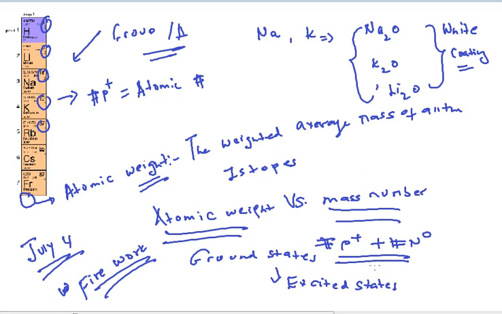So for example, sodium can produce a yellow color. Potassium, I believe, produces a blue color. Lithium, I believe, produces a red color.